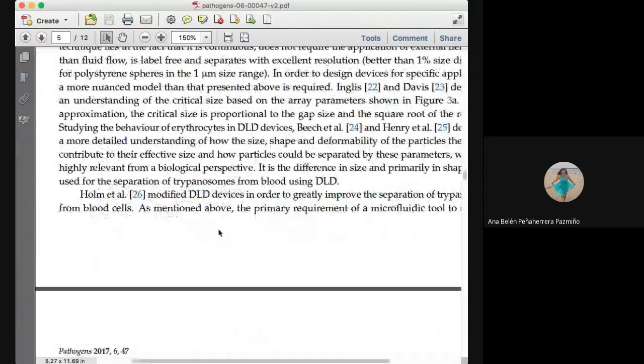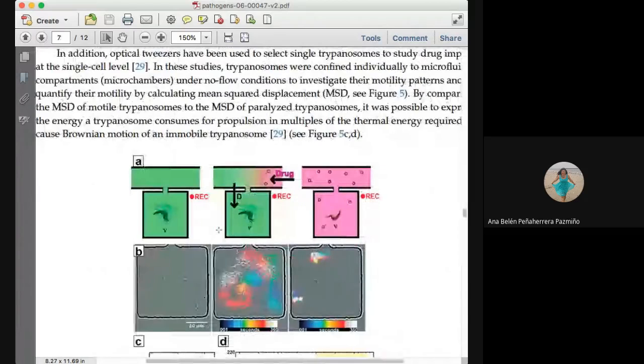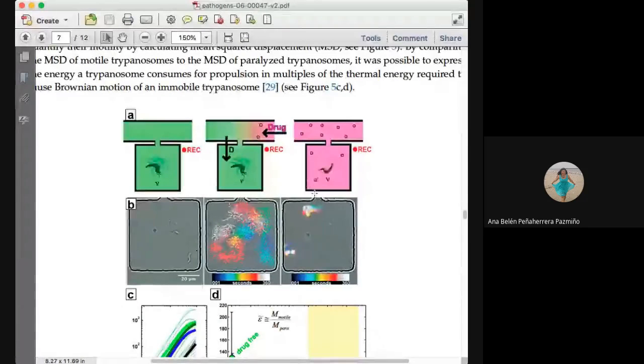Another study with the same technique used this kind of microfluidic device to attract or confine the parasite. They took videos without drugs, and then they used drugs.